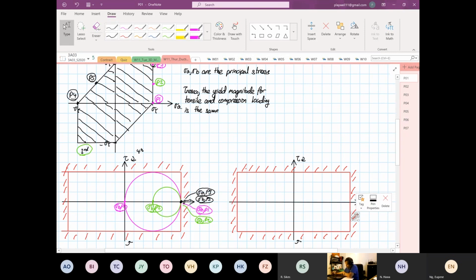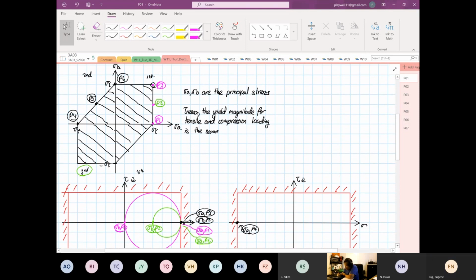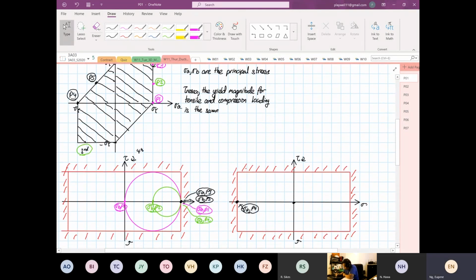So this will be our point 4, or stress A at point 4. And then the stress B now is at 0. So this is our stress A, our stress B at point 4, right? So again, this is straightforward. We can construct one circle.